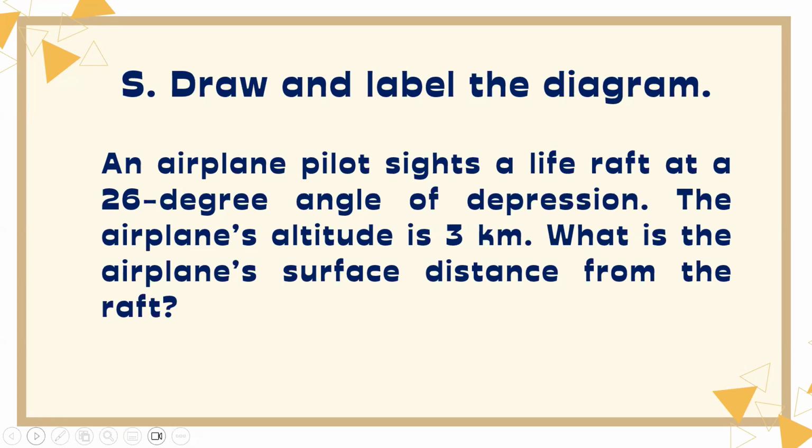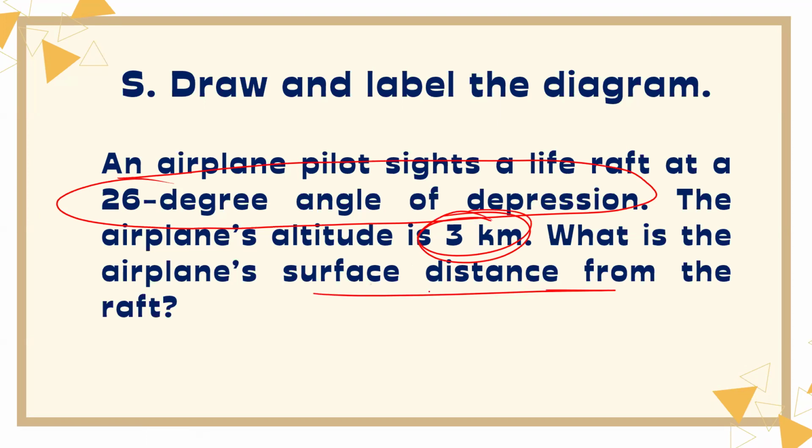You have a 26-degree angle of depression, and the altitude, the height of the airplane, is 3 kilometers. What's the surface distance from the raft? Let's visualize the problem. You have an airplane, and then you have a raft.